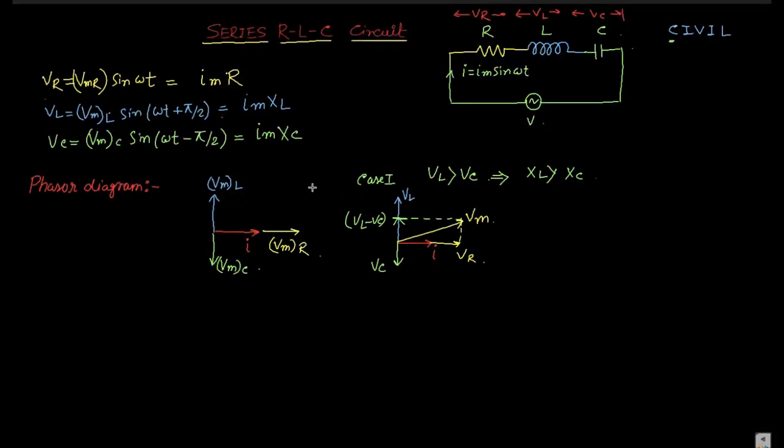Okay, now case 2. Case 2 is VC greater than VL. It means that XC is greater than XL. In that case, again you have to draw the same phasor diagram.